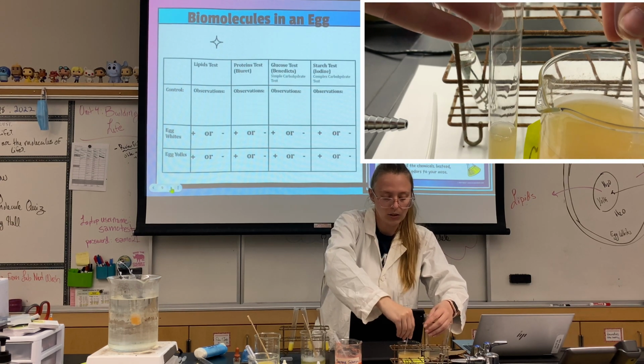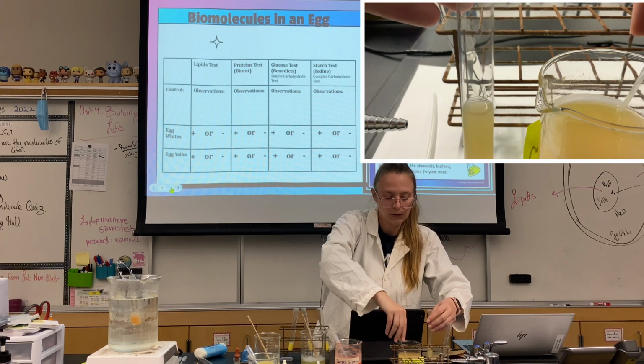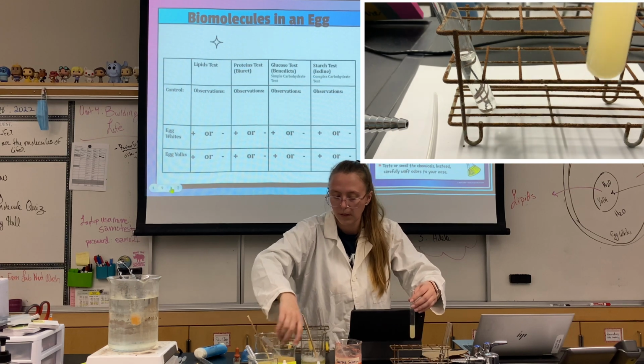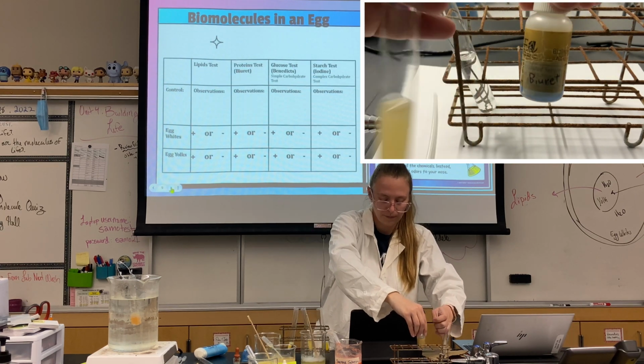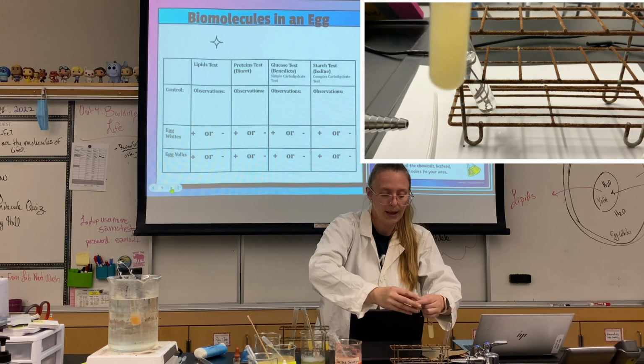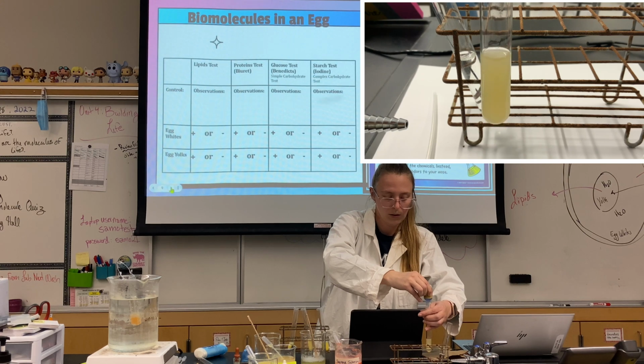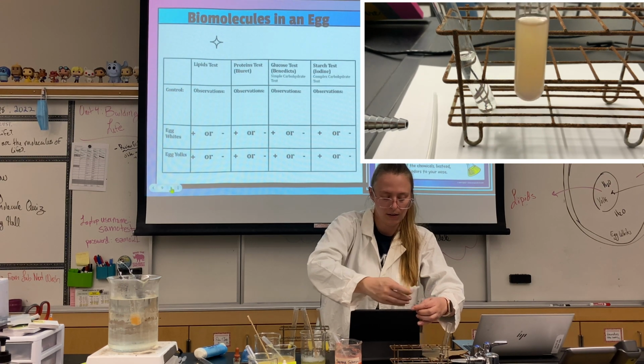So we're going to put 10 drops of biuret in the protein to test for protein. So here's the biuret solution. Just 10 drops is all that's needed. 1, 2, 3, 4, 5, 6, 7, 8, 9, 10.